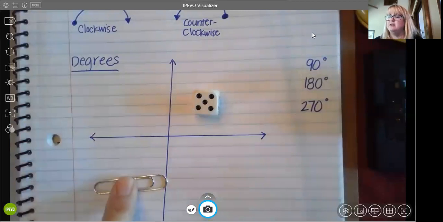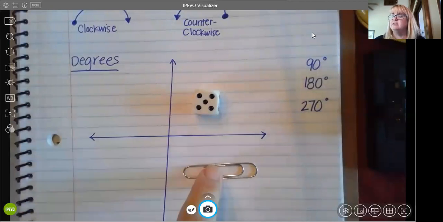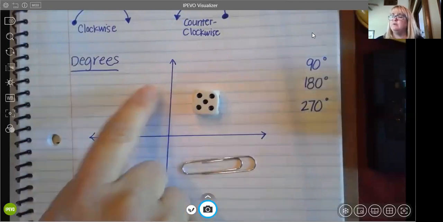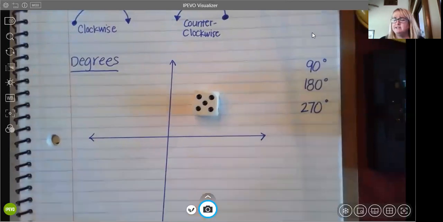If I go here, I've gone through three quadrants: 90, 180, 270. So there are two things to look at when we're looking at rotation. One is direction, clockwise or counterclockwise, and the other is degrees. Which quadrant are we going into?